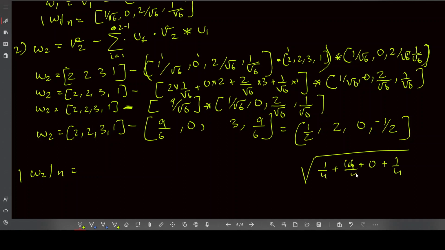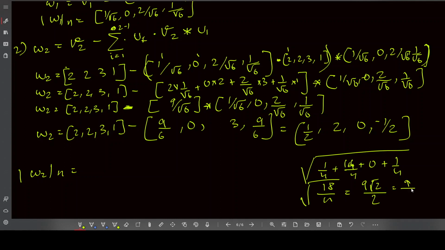That's 16 by 4, so 18 by 4, which is basically 9 under root 2 by 2, right?